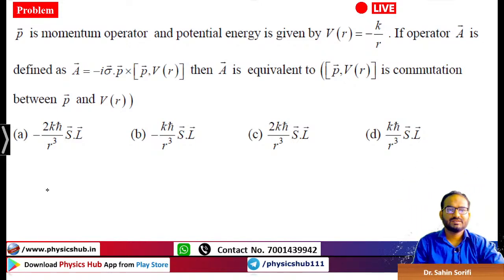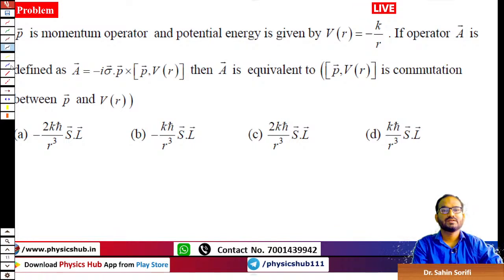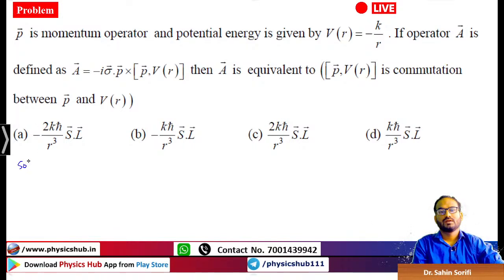So here what is given? P is a momentum operator and the potential energy V(r) is equal to minus k by r. So this is a central force potential, you can say inverse square potential. If operator A is defined as this, then A is equivalent to, look, the commutation [P, V(r)].